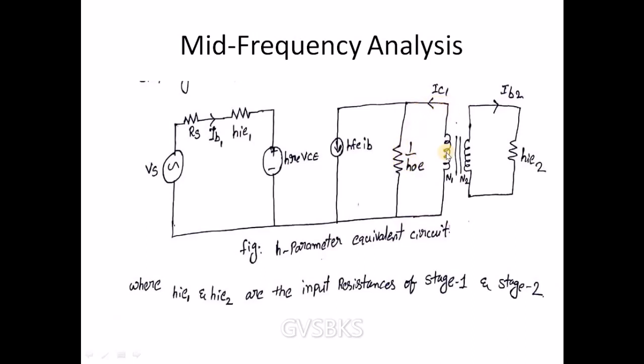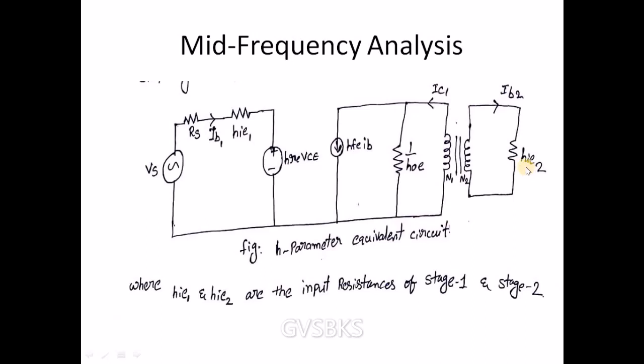And at the output side we have a transformer which has primary turns N1 and secondary turns N2. The output voltage is transferred to the second stage, so the second stage input impedance will be the load for stage 1.